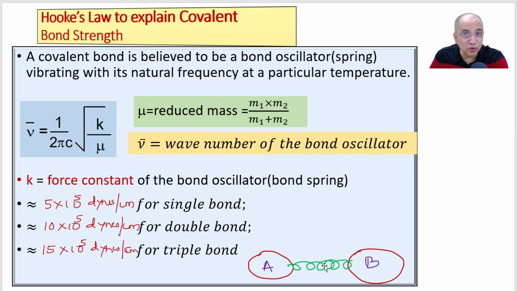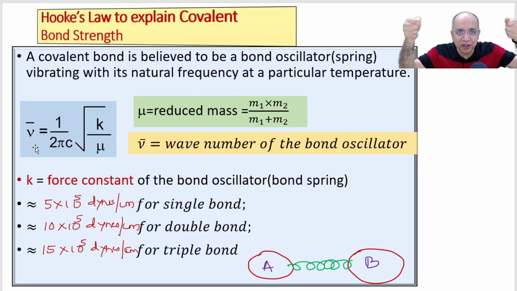If you have studied Hooke's law, the original Hooke's law, when you stretch a spring, from there you have this equation. This is another version of Hooke's law used for studying the wave number of the bond oscillator.